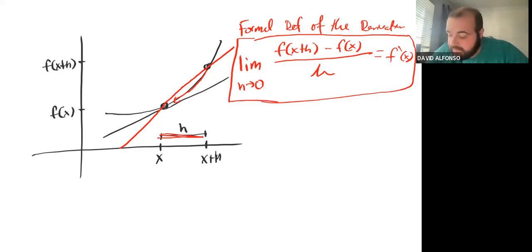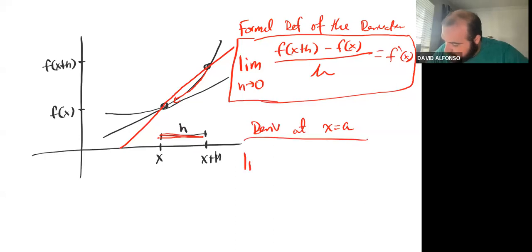You also have the alternative definition, but that's used when you're just trying to find the slope of the tangent line at 1 point. So if you're trying to find the slope at x equal a, or the derivative at x equal a, the formula for that would be, as x approaches a, f of x minus f of a over x minus a.